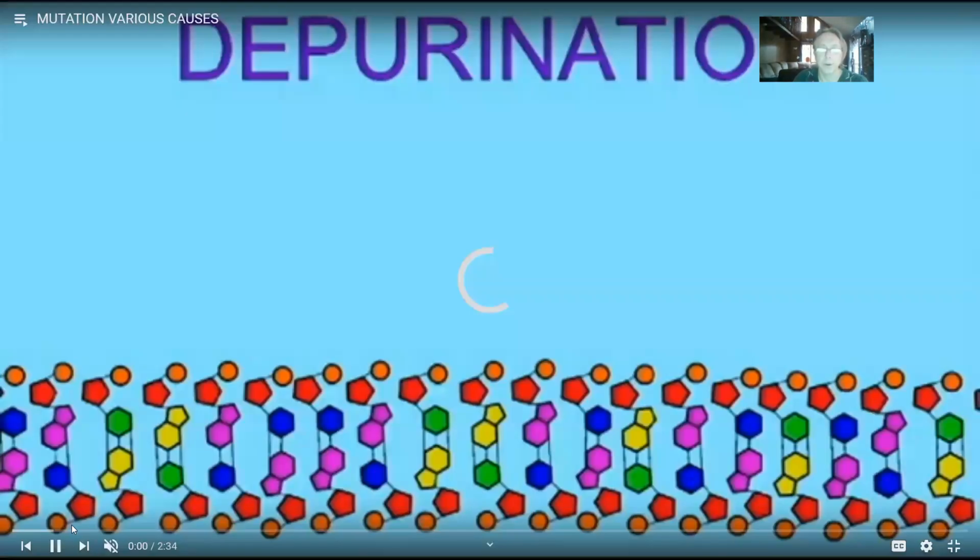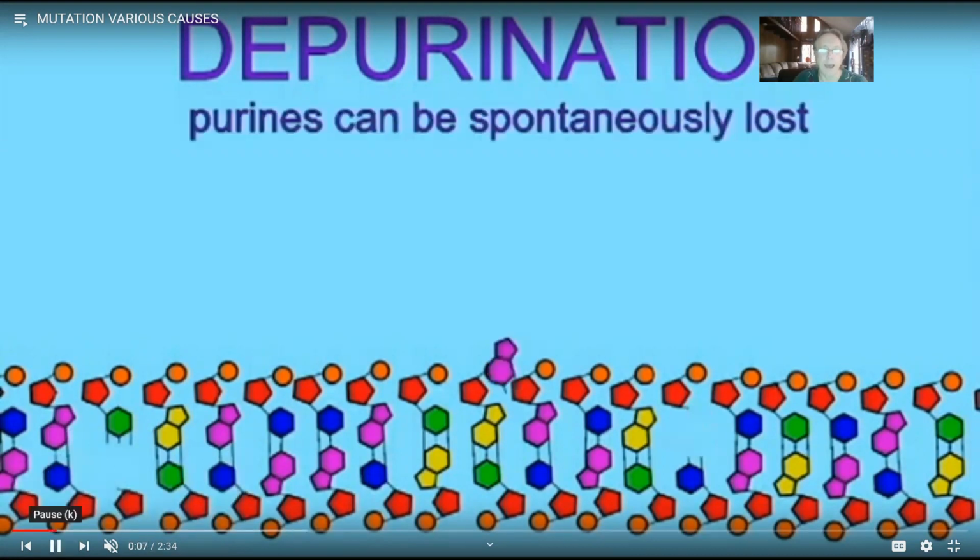Now, we could go on and on because there are lots of causes of mutations. I'm just going to jump through them and then get into their effects. You could have the sugar phosphate backbone, but you could have the nitrogenous base be spontaneously lost.